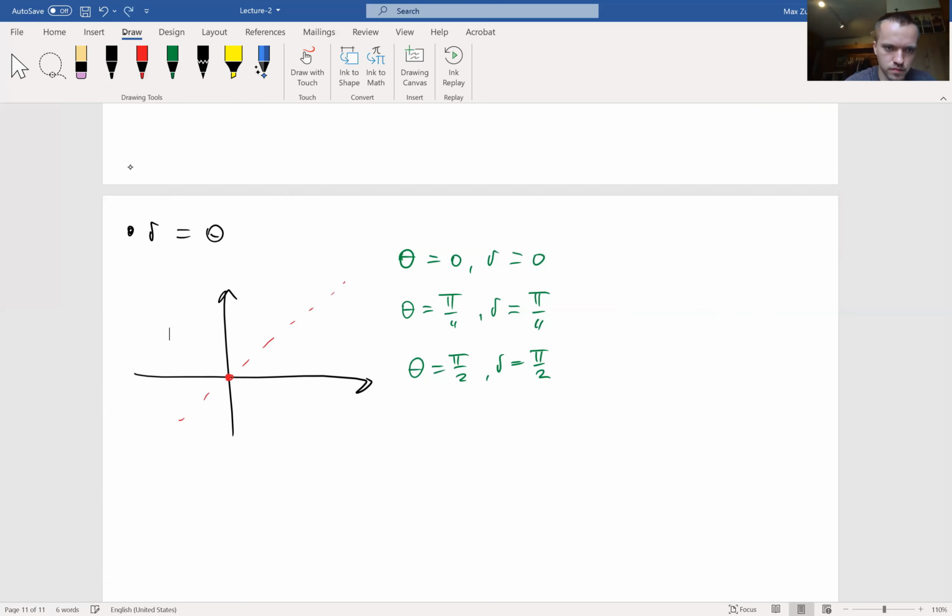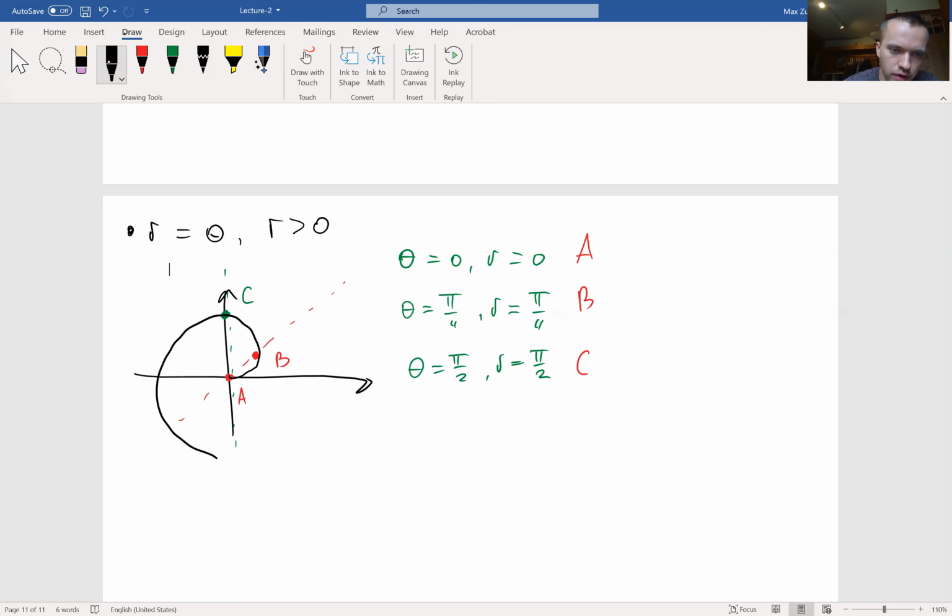Let's call these points A, B, and C. It's going to be A, B. And then theta equal to pi over 2 is going to be along this green line, so pi over 2 is going to be here, C. So you can see that if you increase your angle, and let's make r strictly positive, you're going to start from 0. And every time your angle increases, your radius is going to increase. So you're going to have this spiral.